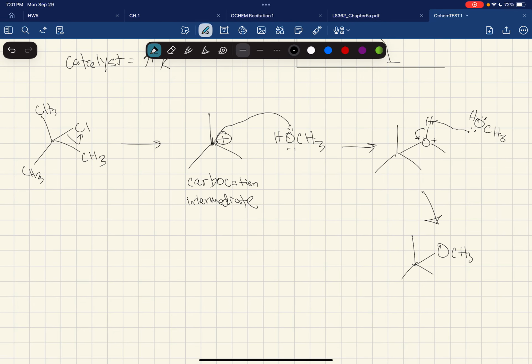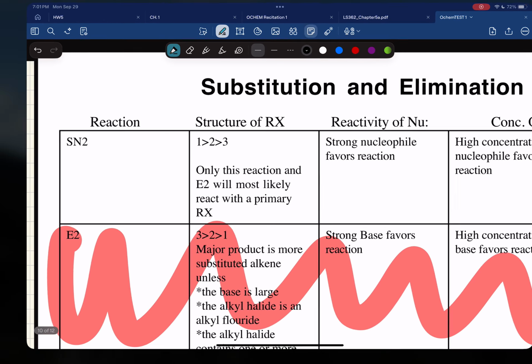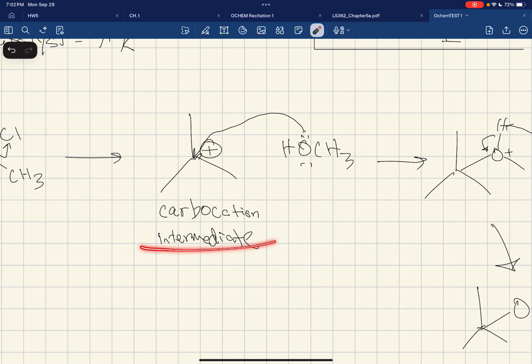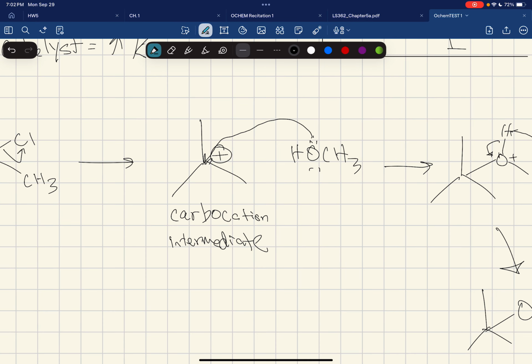Oh yeah, because there's a carbocation intermediate, it destroys all stereochemistry. This nucleophile, if you think about this carbocation on a planar, kind of looking like this, where, wait, no, that's not right.